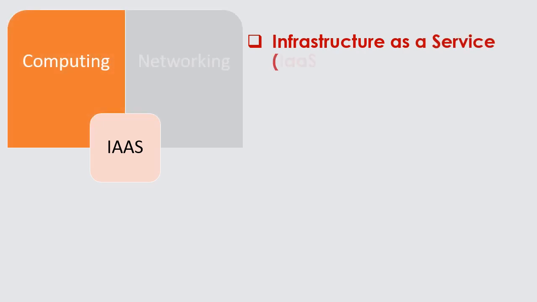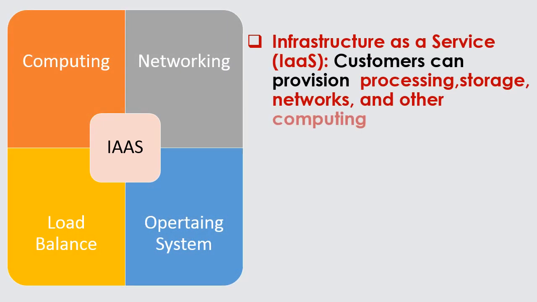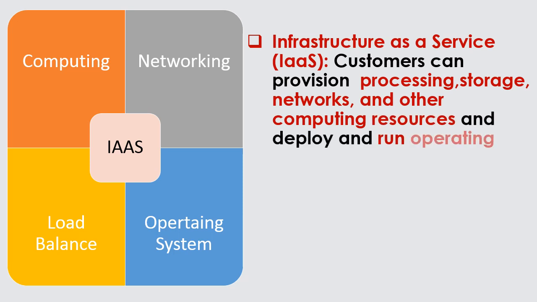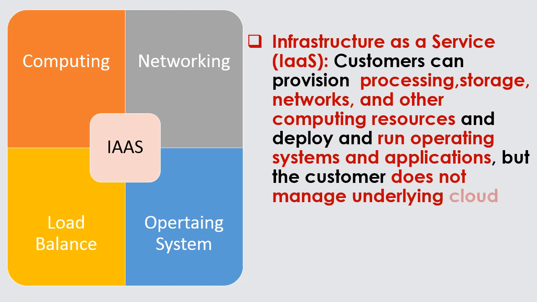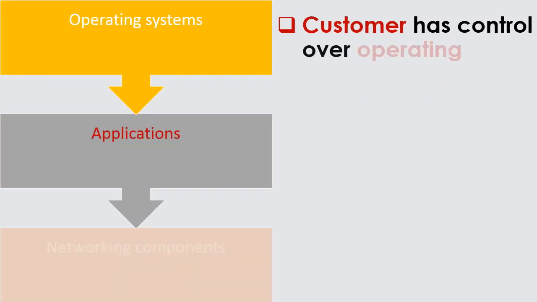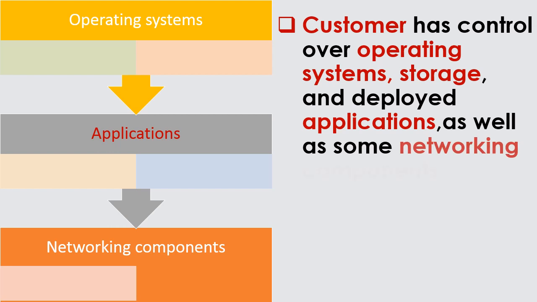Infrastructure as a Service, IaaS customers can provision processing, storage, networks, and other computing resources and deploy and run operating systems and applications, but the customer does not manage underlying cloud infrastructure. Customer has control over operating systems, storage, and deployed applications as well as some networking components.